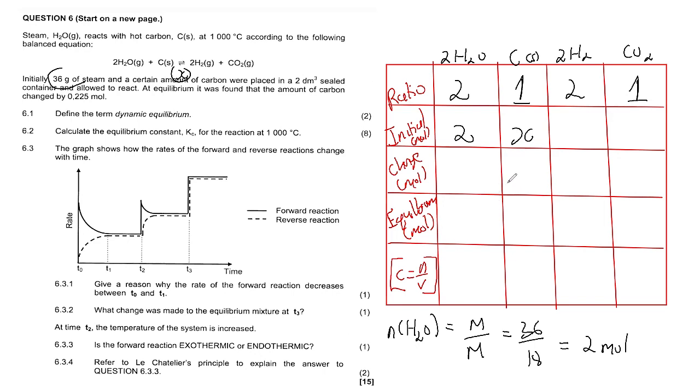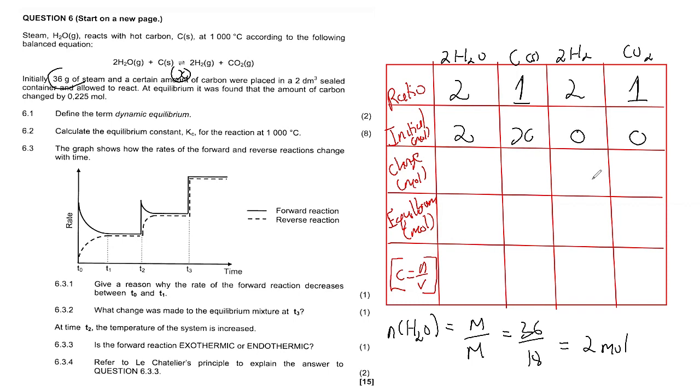But if only the 36 grams of steam and a certain amount of carbon were placed in a 2 dm cubed container and sealed there, that means at the very beginning we only had the reactants and a 0 amount of products, because no products were formed yet.